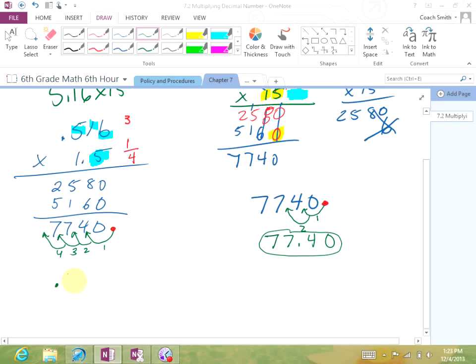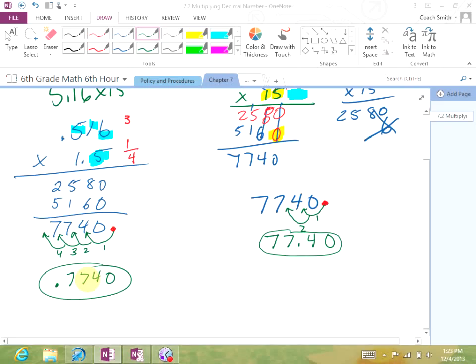And that would be 0.7740. Okay? So to answer your question, no, you would not. It depends on how many decimals there are. You're not moving it twice every time. It's not like percent to decimal or decimal to percent.